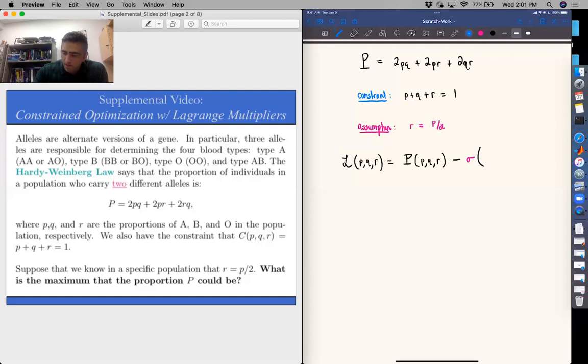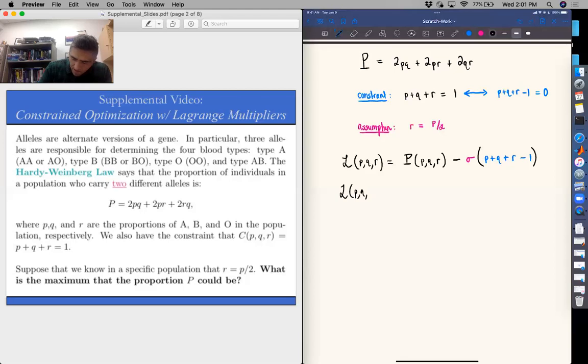Now, in this problem, the constraint is p plus q plus r equals 1. But remember, in Lagrange multiplier problems, we like that constraint to equal 0. So we're just going to rewrite this constraint as p plus q plus r minus 1 equals 0. Then we take that p plus q plus r minus 1 and multiply it by the Lagrange multiplier sigma.